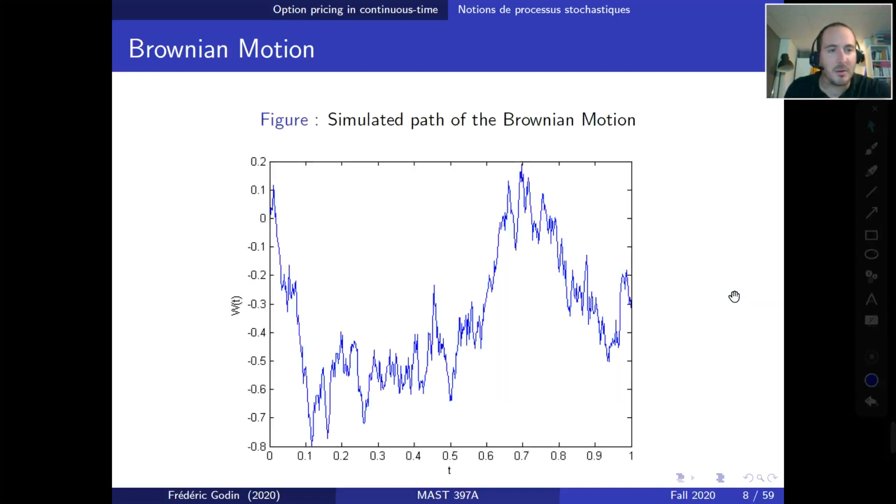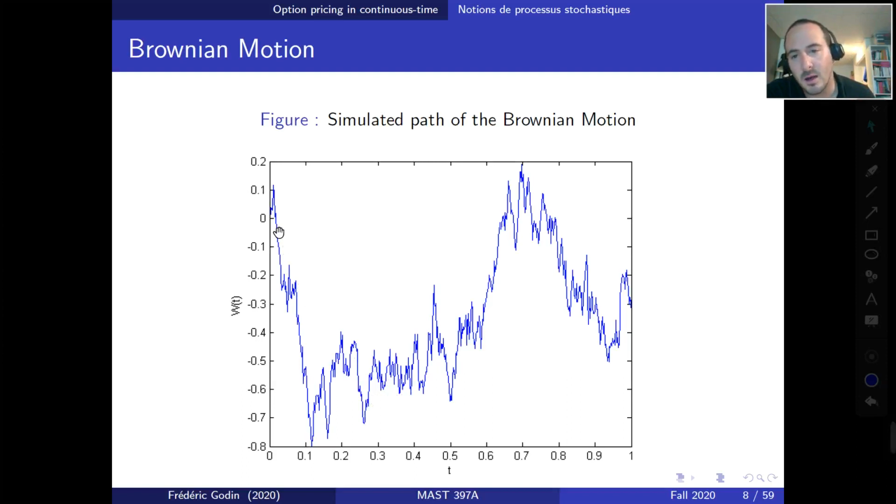So what does Brownian motion look like in practice? I've used the R statistical software, or MATLAB, I don't remember, to generate the path of a Brownian motion, and it looks like this. This is a path generated from a Brownian motion.